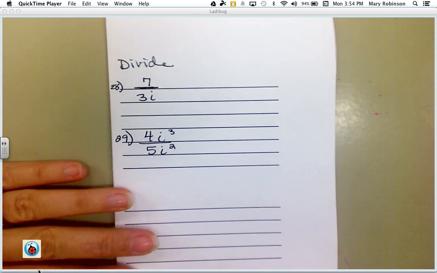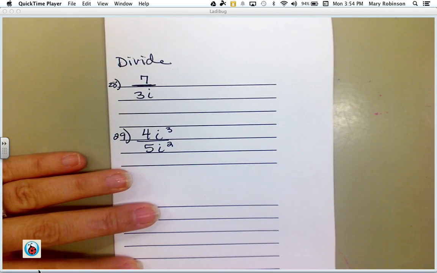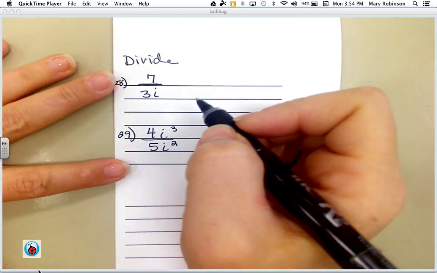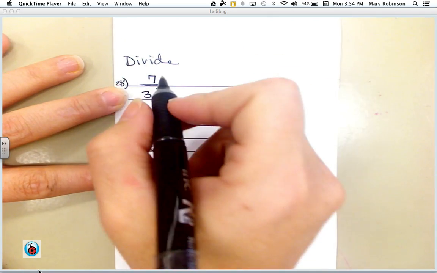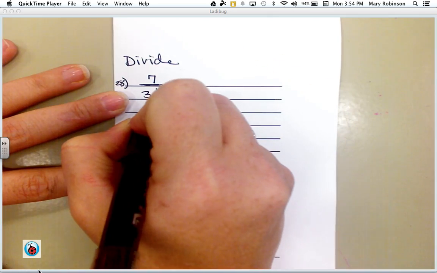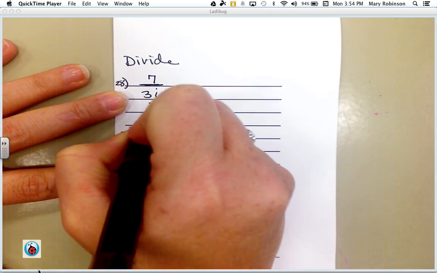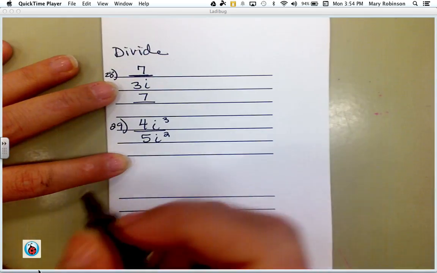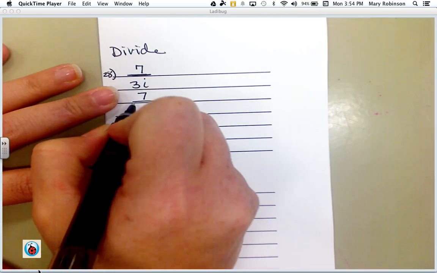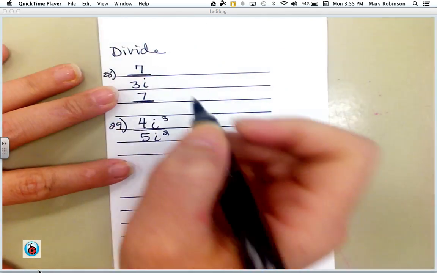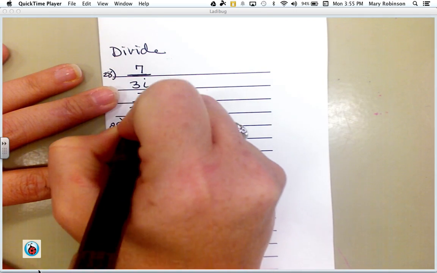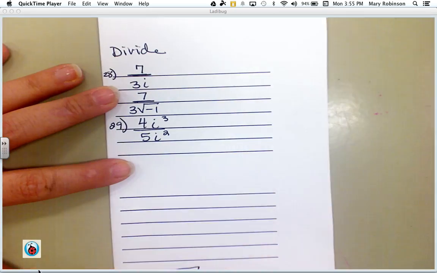So if we take a look at this example, 7 divided by 3i, what I want you to think about is remembering from what we know about radicals. If you recall from Math 2, the reason why we need to learn this division process is essentially that i is really the square root of negative 1.